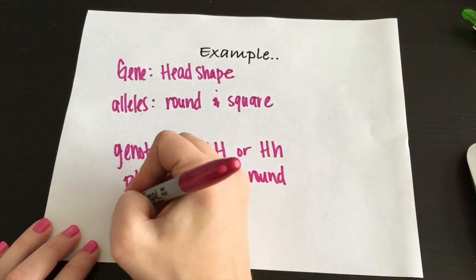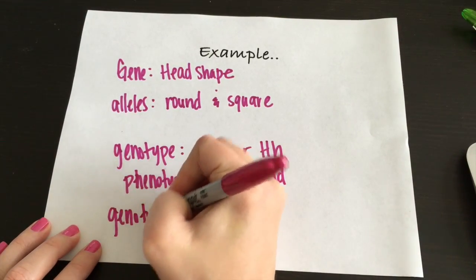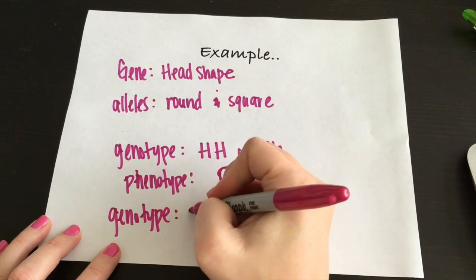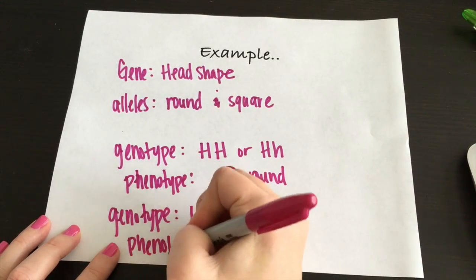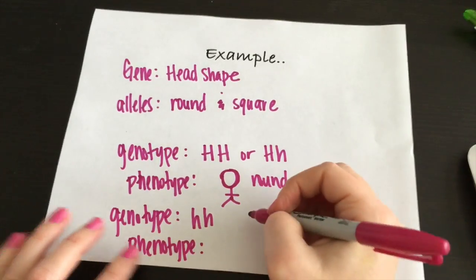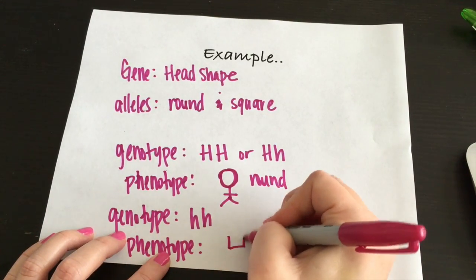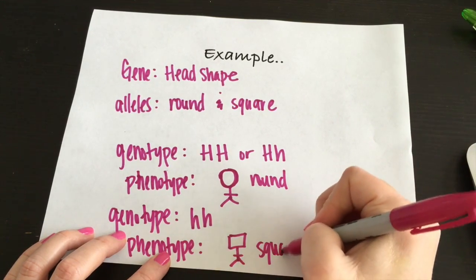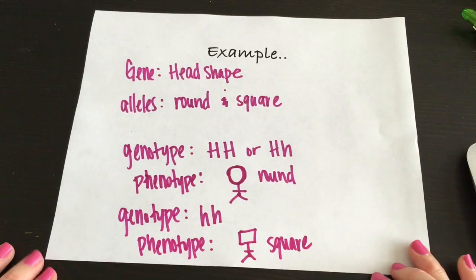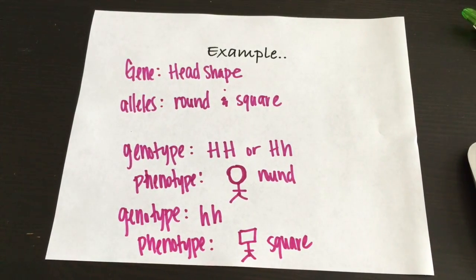If your genotype is little h, so you're homozygous recessive, your phenotype will be a square head.